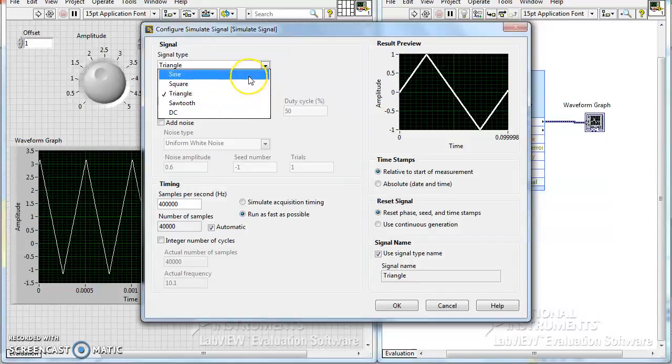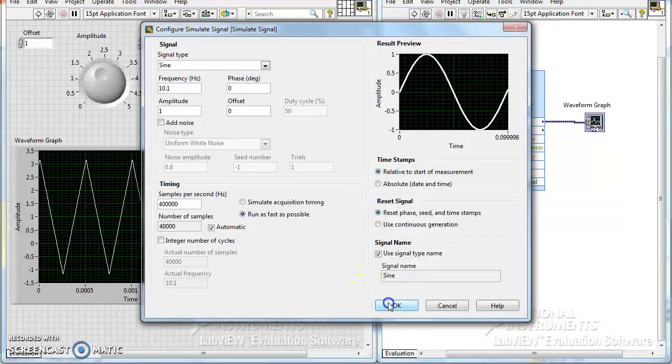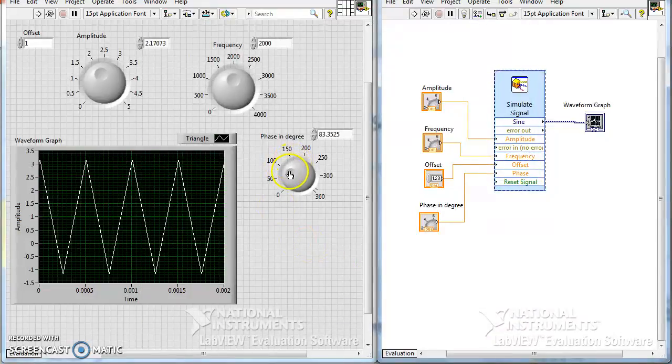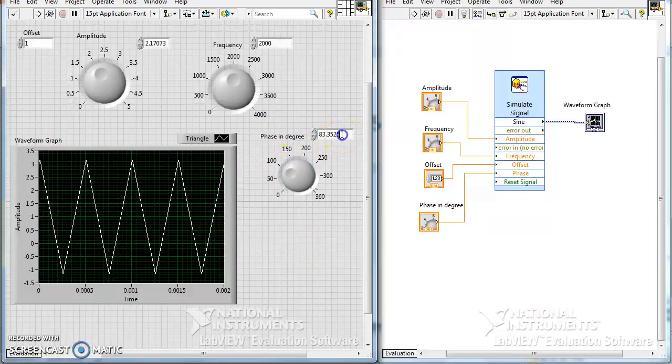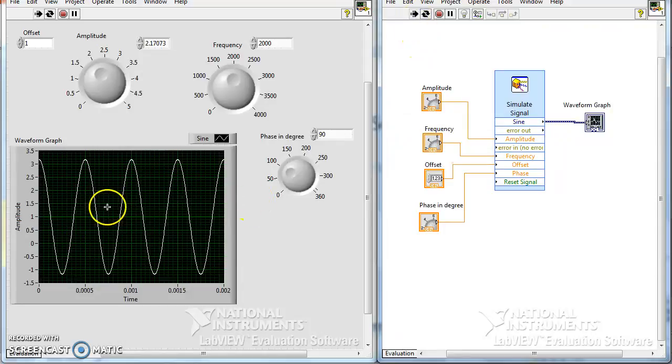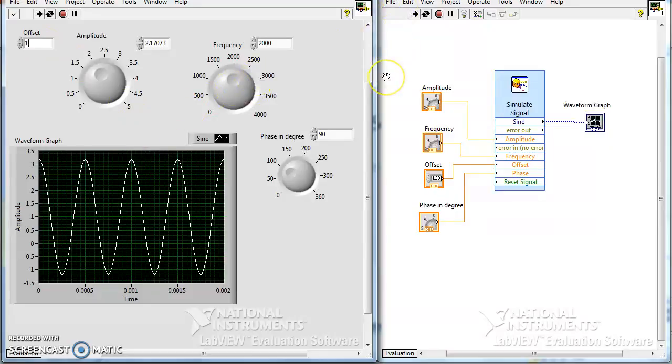To generate a cosine wave, use the sine block itself but give the phase as 90 degrees, which generates the cosine wave. This is the cosine wave, of 2000 Hertz, 2.17 volts with 1 volt DC offset. So this is the generation of a signal by using the Simulate Signal block.